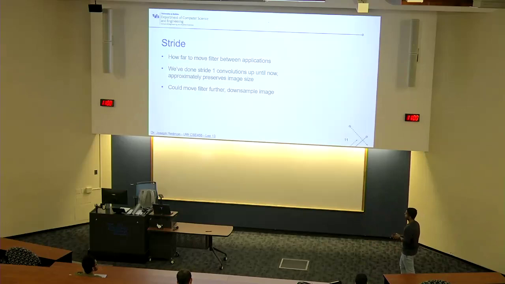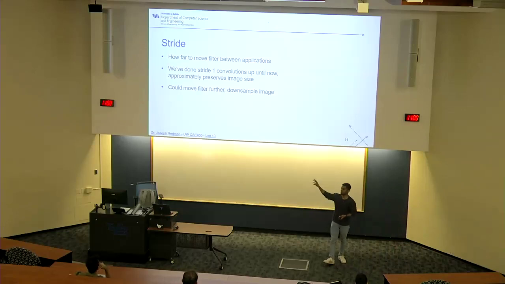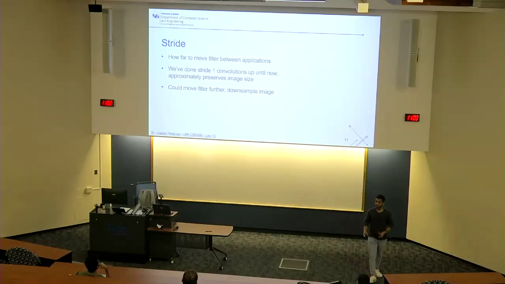Having a larger stride is effectively downsampling the image because you're only calculating the filter response at farther away pixels. So you don't have a response corresponding to every pixel, and you're downsampling.